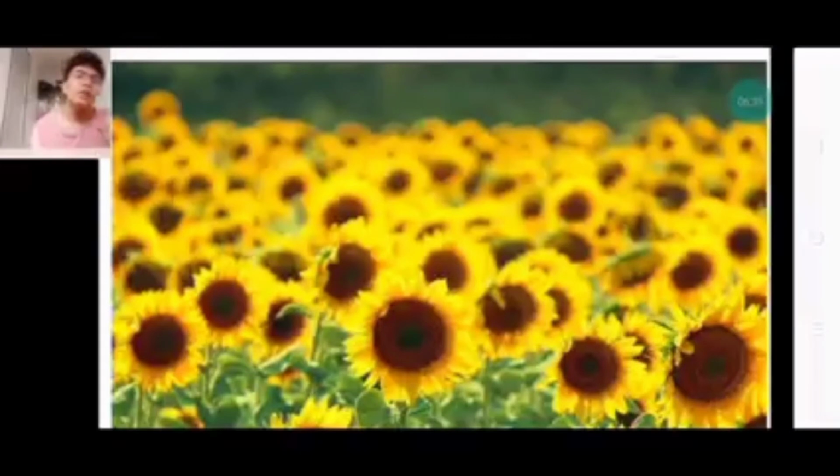Mapapansin nyo kung bakit ito ang aking ginawang illustration. In gardens, weeds are competing with the sunflower, sometimes corn, and they fight over nutrients and water in the soil. These resources are finite, hindi naman infinite yung kanilang pinagkukunan.